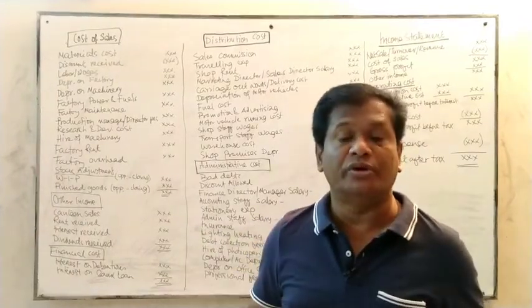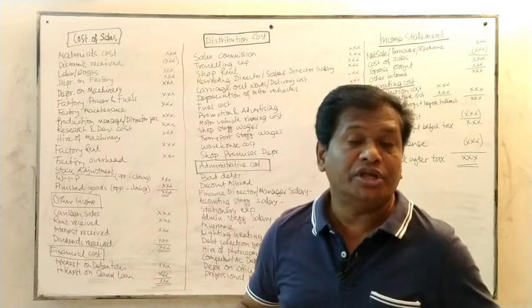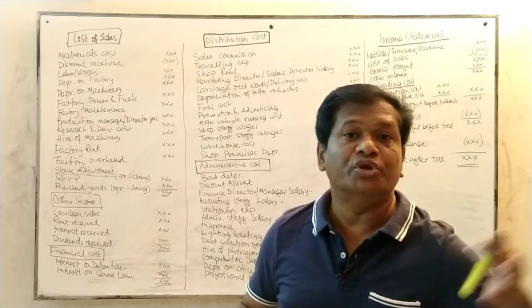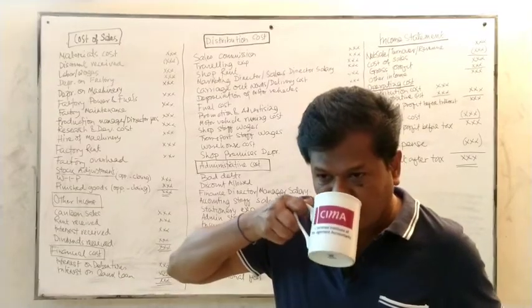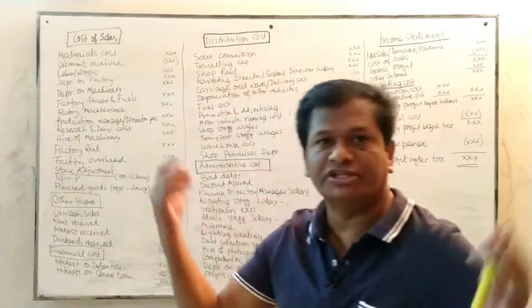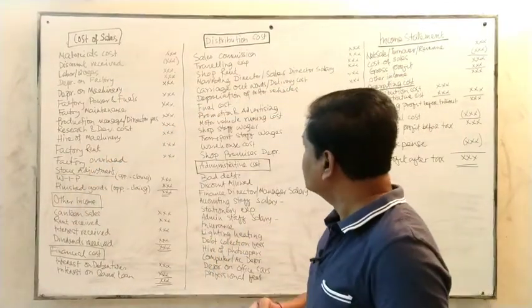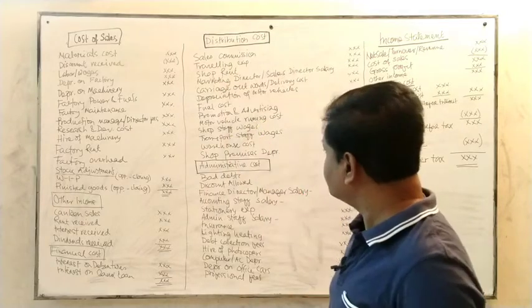So you have to make more and more advertisement, so that your product is known to different categories of customers, and more sales are developed. So this is called the promotion and advertising cost.